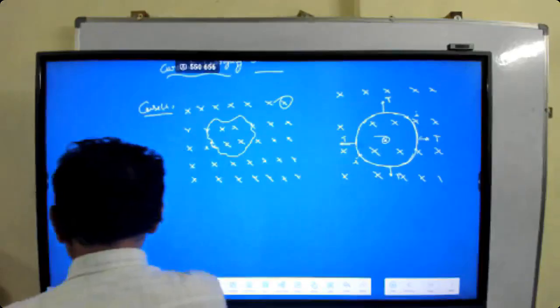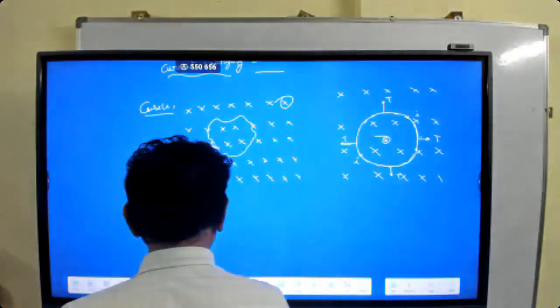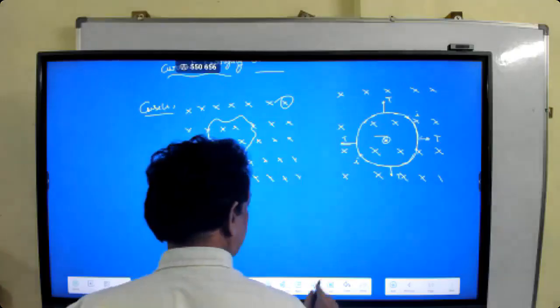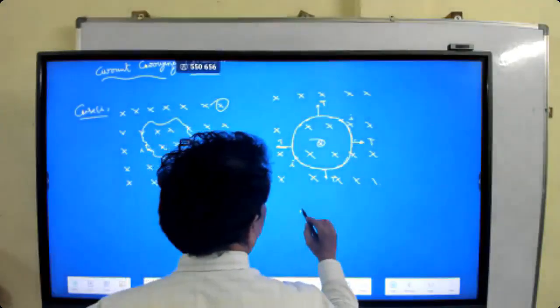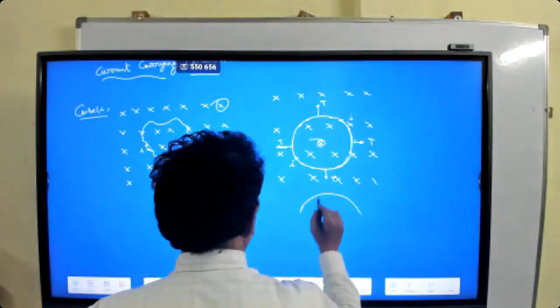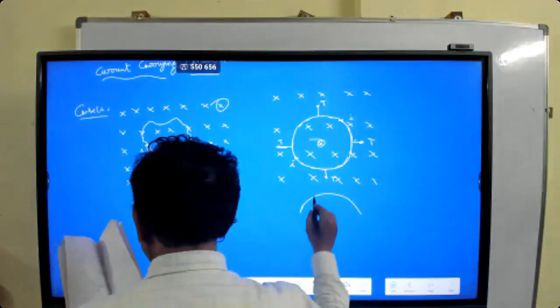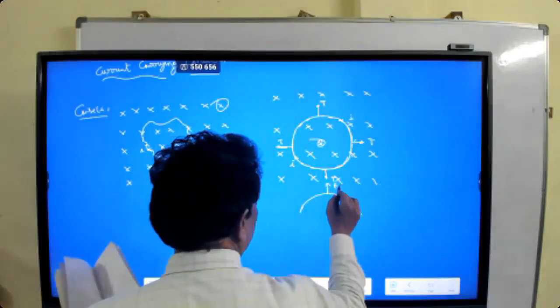The tension can be found by taking a small arc in the entire loop. On this arc, the tensile force acts upward.